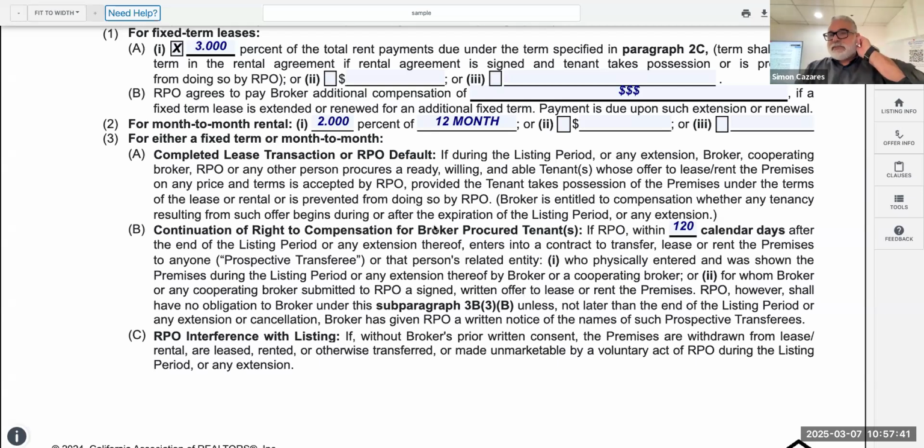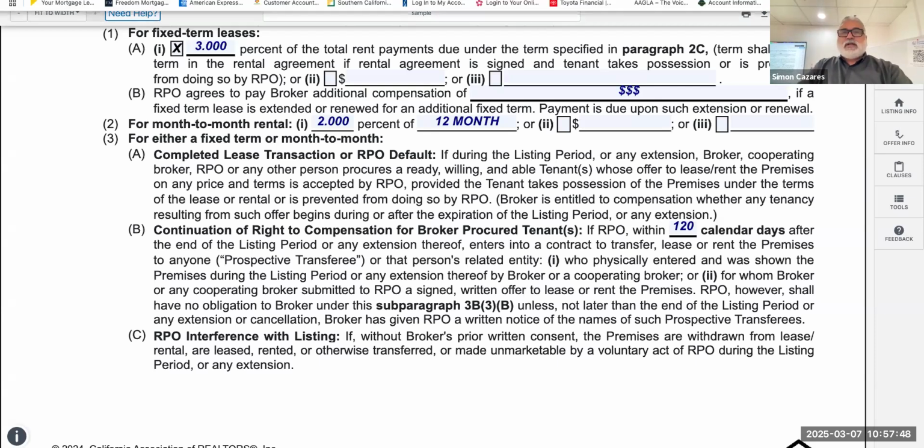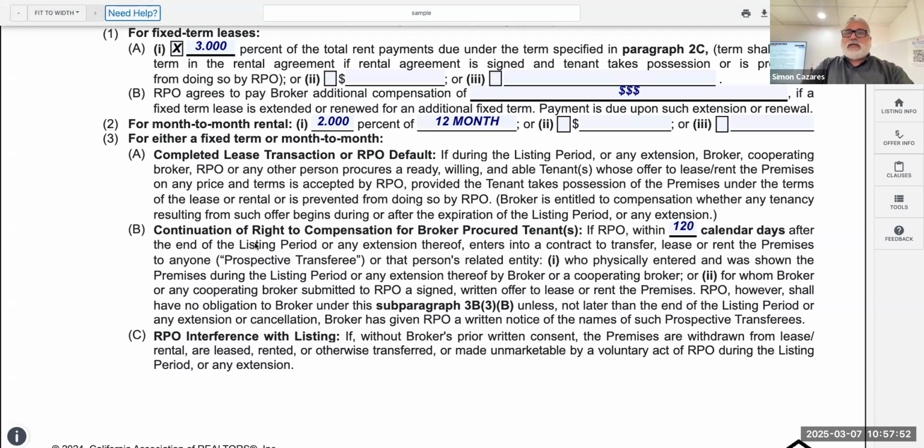Broker is entitled to compensation, whether any tenancy resulting from such offer begins during or after the expiration of the listing.